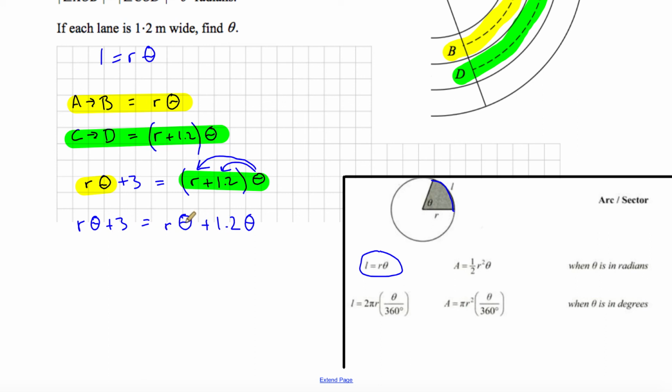Okay, so I can see now from both sides I've got R theta, so I can actually take R theta away from both sides, and that leaves me with 3 is equal to 1.2 theta. So theta, the angle I'm looking for, if I divide both sides by 1.2, these cancel. So theta is 3 divided by 1.2.